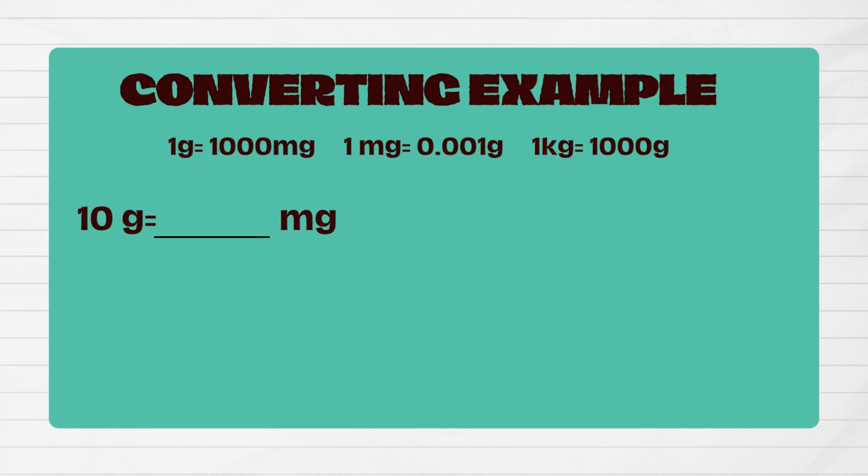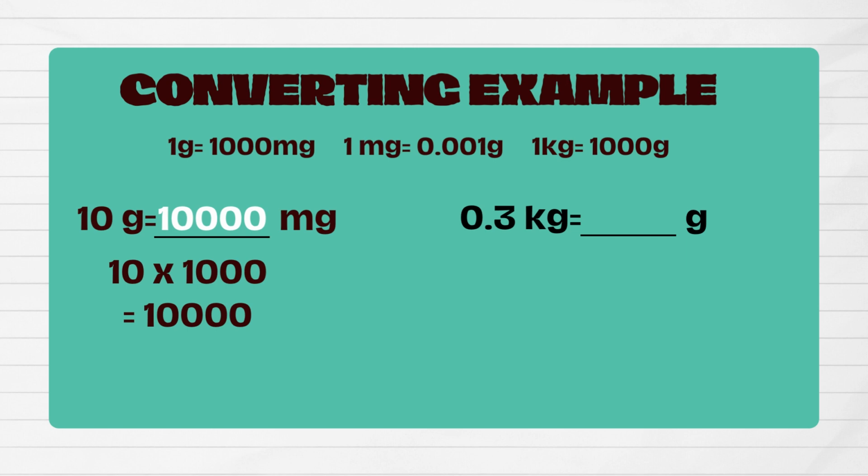As you can see, 1 g is equal to 1000 mg. For the solution, here it is. 10 times 1000, then the answer will be 10,000 milligrams. In 10 grams, there are 10,000 milligrams.